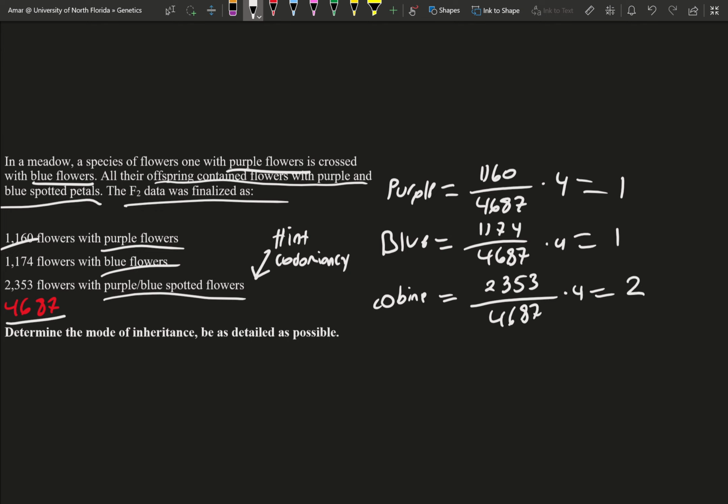So what we're getting here is a 2 to 1 to 1 ratio, or basically a 1 to 2 to 1 ratio.